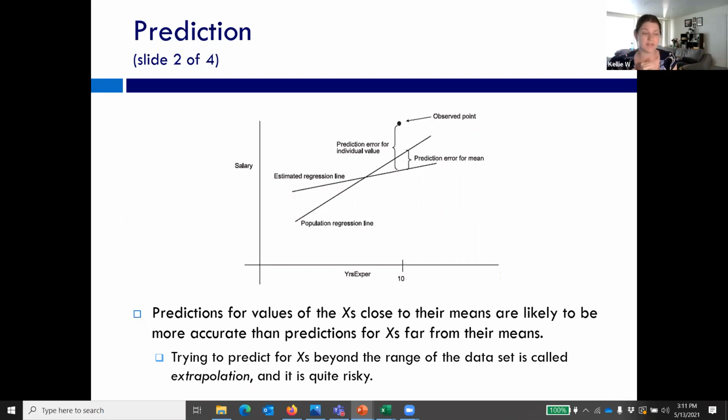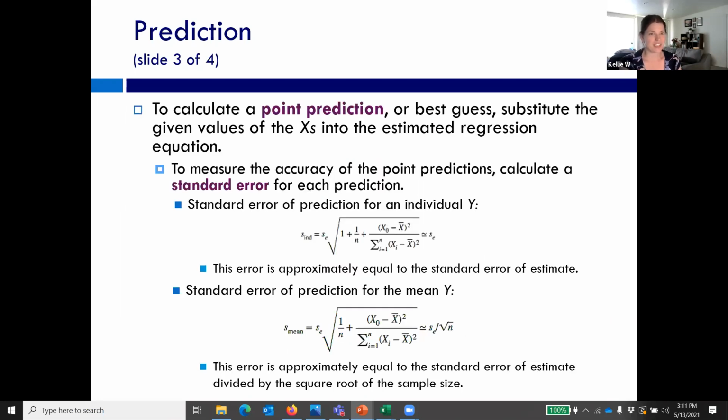If I wanted to do 5, that would be within my range of 1 to 10, or like 7.5. Maybe I could even get away with 11. But the further you creep away from the range of data that you use to create your regression, the riskier your prediction is.